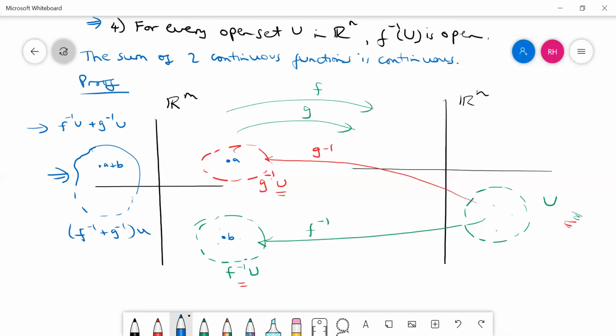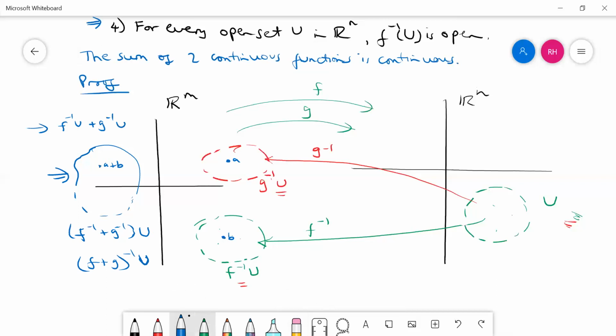Under the rules of functions, that's what it means to add the two up. You could write it as a new function like that, I suppose, or you could even write it like this. Okay, but however you write it, we need to show that that's open.